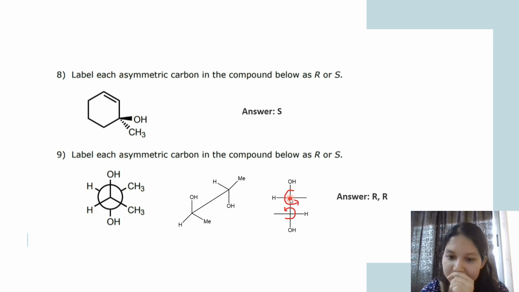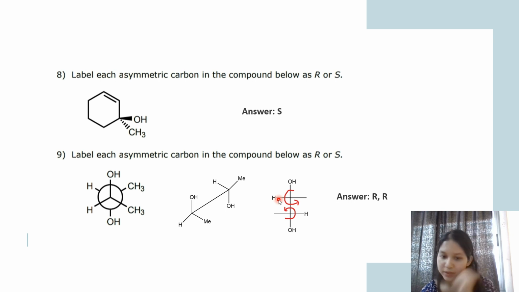For this center, we have this one as first priority group, the OH one, and this alkyl chain, whatever is rest here, this will be the second priority, this methyl will be third priority, and this hydrogen will be the fourth priority. 1, 2, 3, 4.